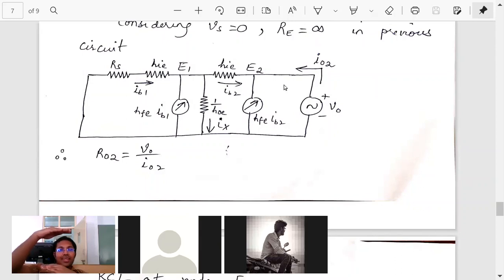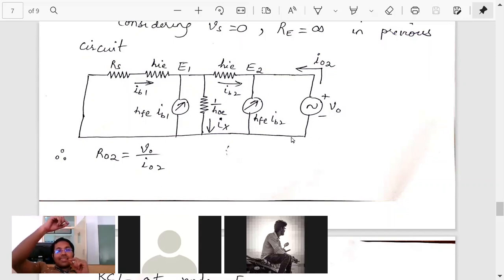V0 is equal to, I can directly write. Fine. You can write, see, it is like the loop also you can take, or branch. Voltage in this path is equal to voltage. If you take loop, add and equate it to 0, or if you take path, voltage in this path is equal to voltage in this path.